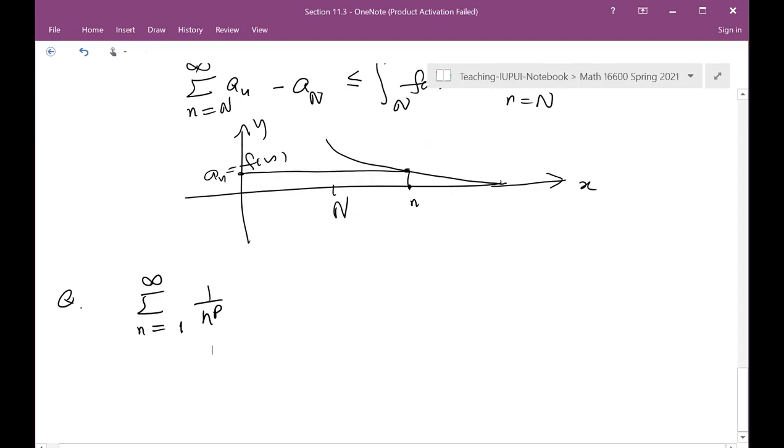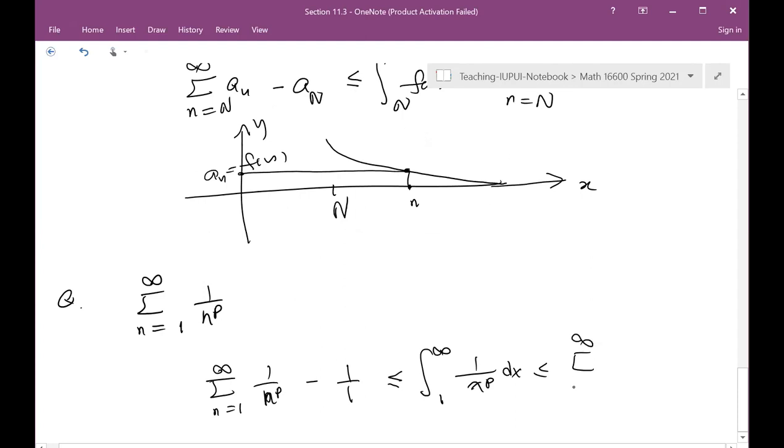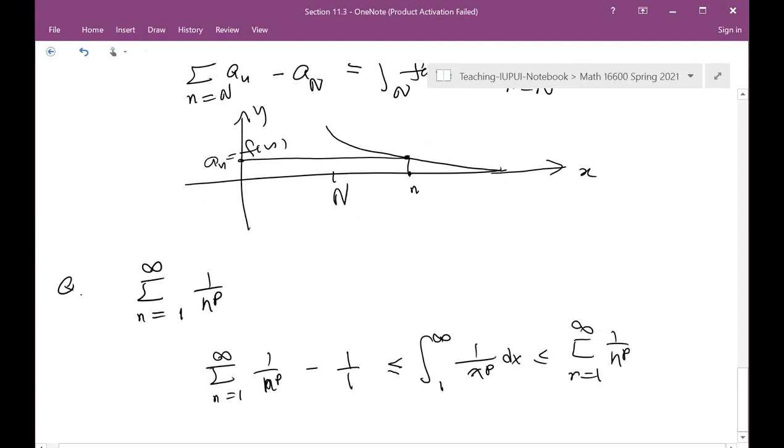Remember, this series minus the first term is less than or equal to the integral from 1 to infinity, and so I can estimate the value.